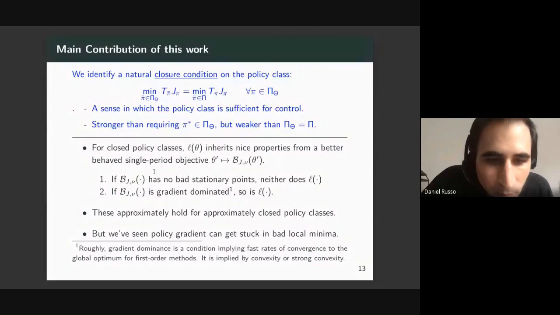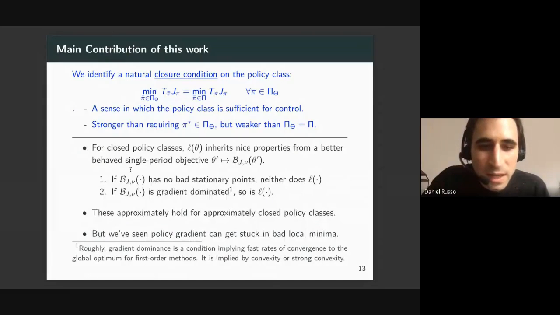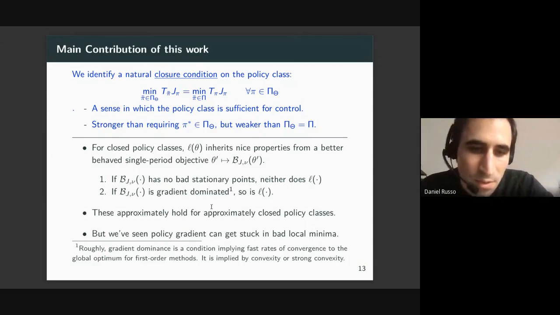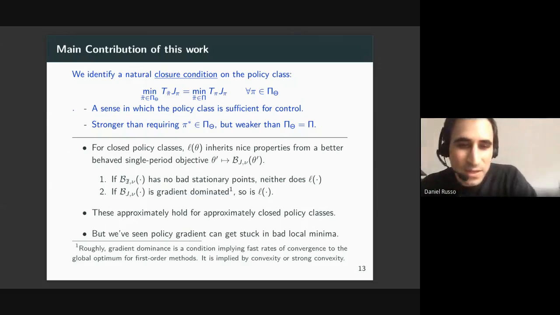The punchline of this work will be that if those Bellman update cost functions have no bad stationary points, then neither does L. And that's true for closed policy classes. Now, stronger conditions also hold. In many of these examples, the Bellman one-step cost has a stronger property like convexity.